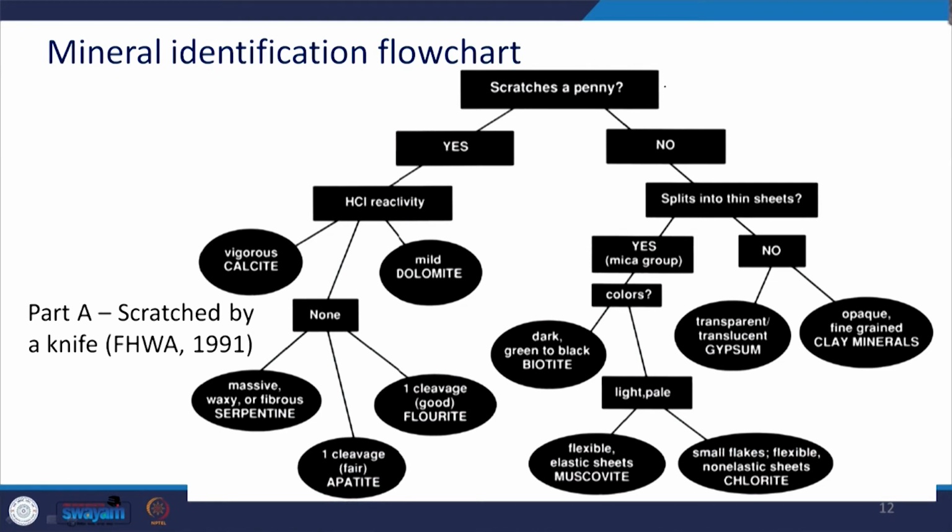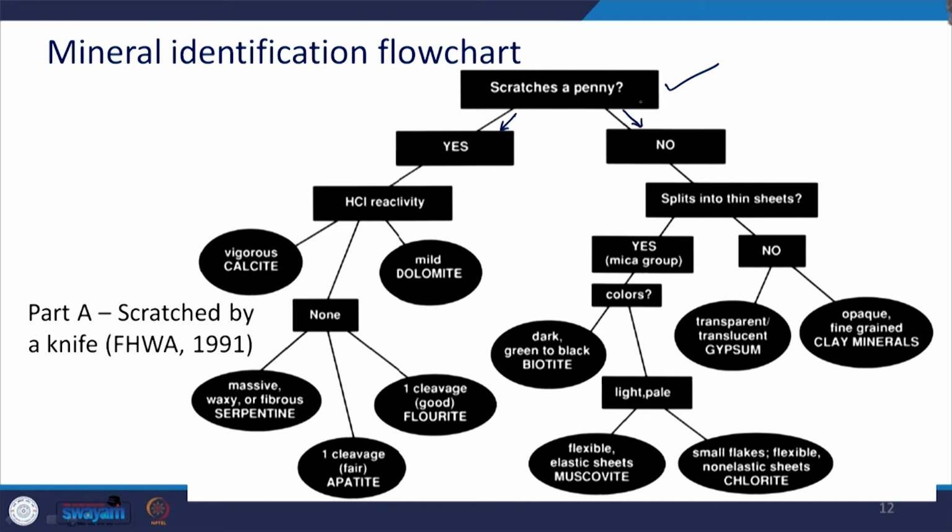So, you see from the start, first the question is whether it scratches a penny or not. You have seen at the Mohs hardness scale what the hardness of the penny is, where it is lying in between. So, first we should check with that. If the answer is yes, we come to this branch. If the answer is no, then we have to go the other way round.